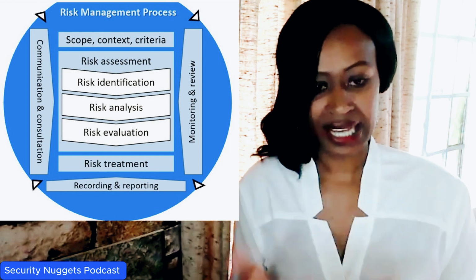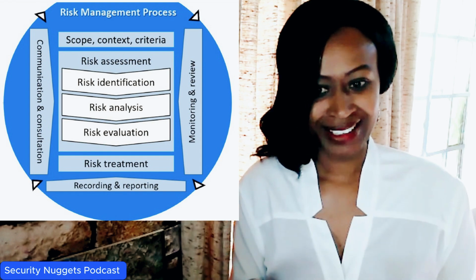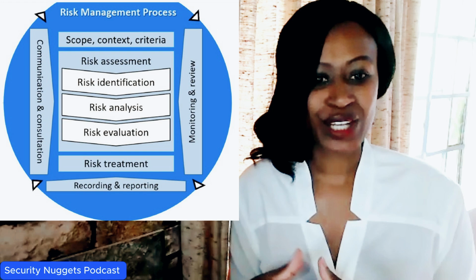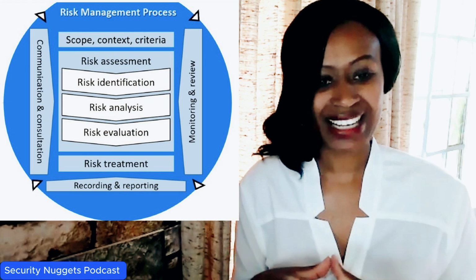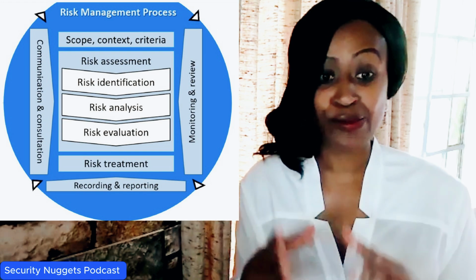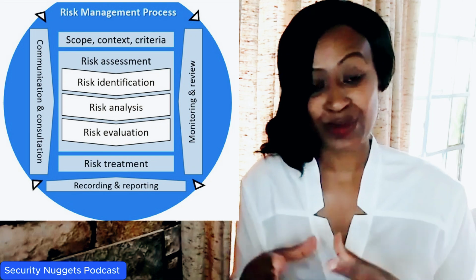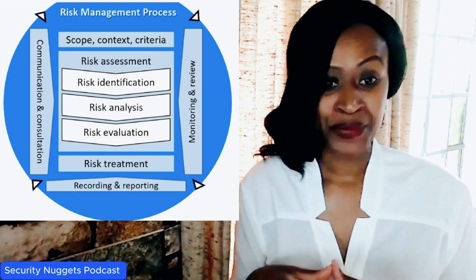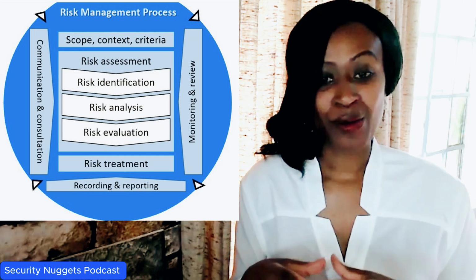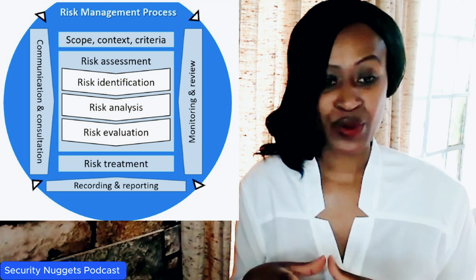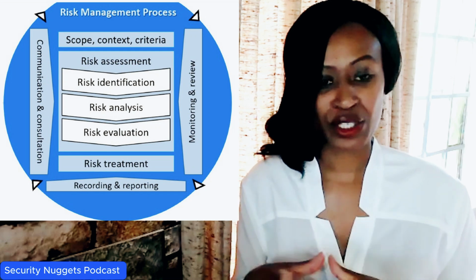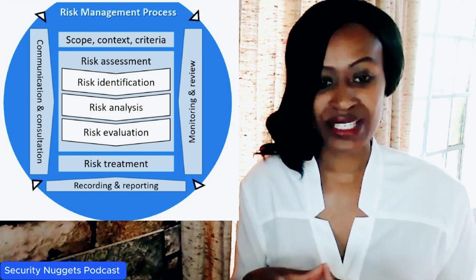The other thing is culture, okay? Well, how is your organization culture? Because the organization culture is going to influence a lot of things in the security risk assessment process, okay? For instance, when it comes to the security risk assessment process, there is a lot of communication and consultation that needs to be done.